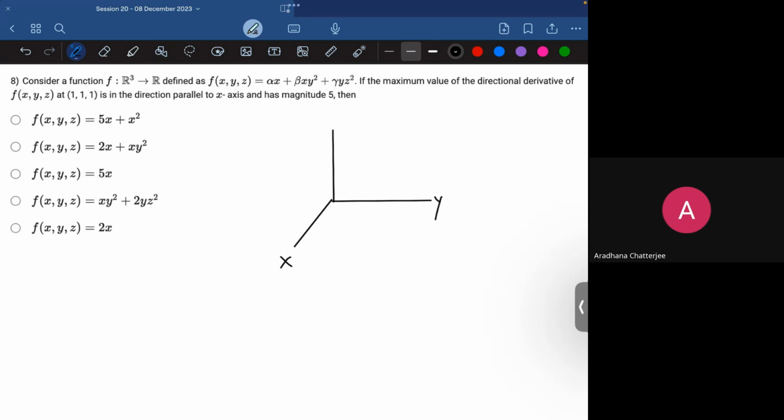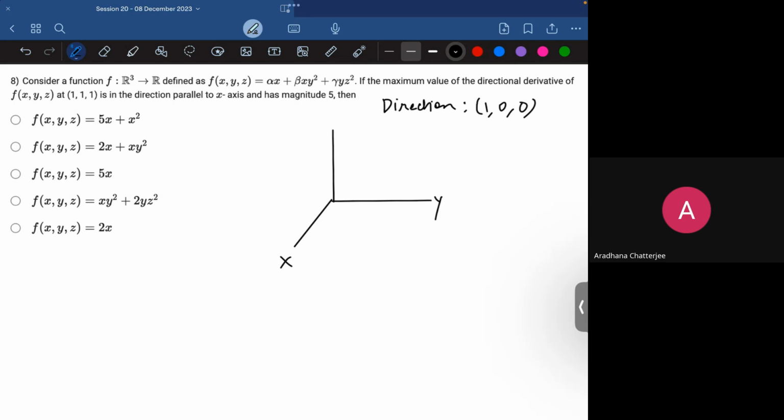So that is the direction that is parallel to the x-axis. The x-axis itself is parallel to itself also. So in the direction parallel to the x-axis means you just have to take the direction as (1,0,0), because you can scale it by any amount and it's still going to be parallel to the x-axis. That is basically what you have to know.